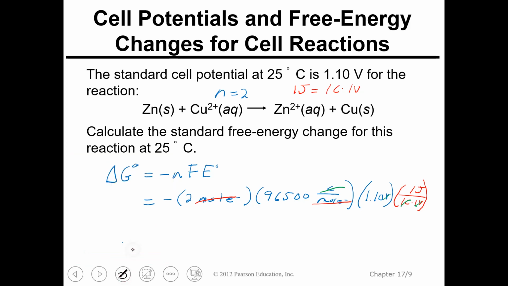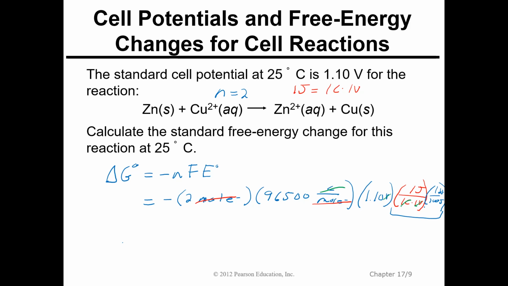And we actually want to convert this to kilojoules, so I'm going to add 1,000 joules per 1 kilojoule, so that I can get delta G in kilojoules, which is the more standard unit. These two conversion factors at the end get me out of coulomb times volts and change us to joules, which I can then convert to kilojoules.